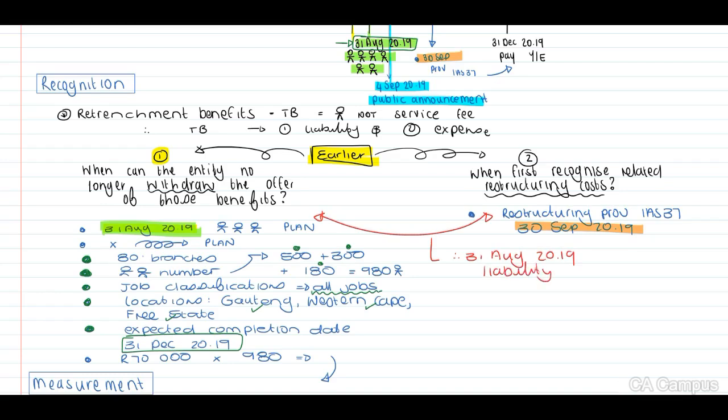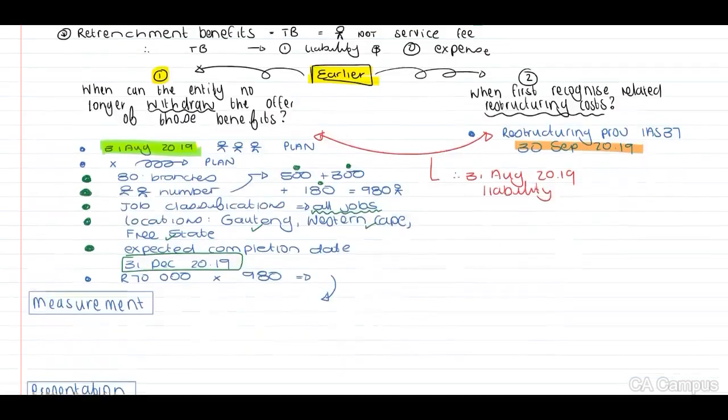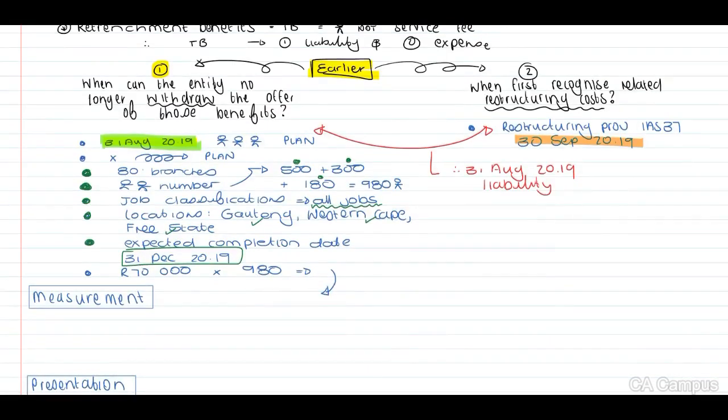Right, okay. Now, the amount. Remember, they've indicated to us that they will pay this within or by 31 December. Therefore, short term. They've indicated to us that this will be 70,000 per employee times the 980 employees. Therefore, 68.6 million.